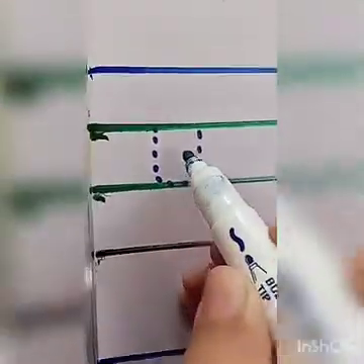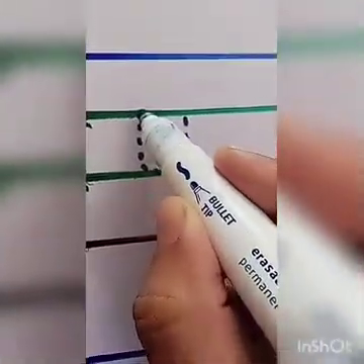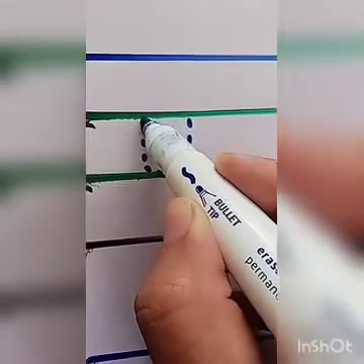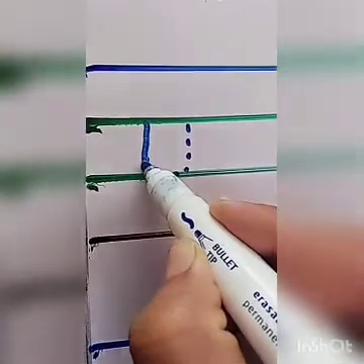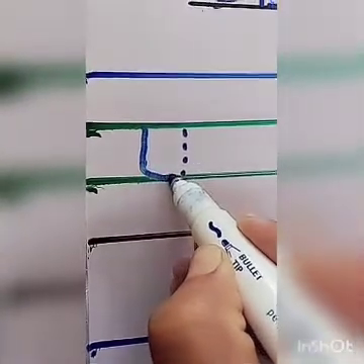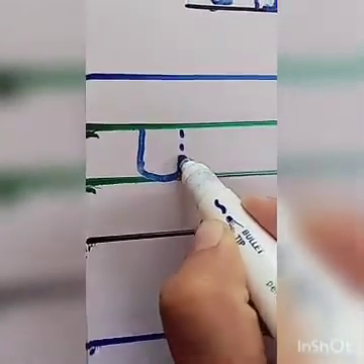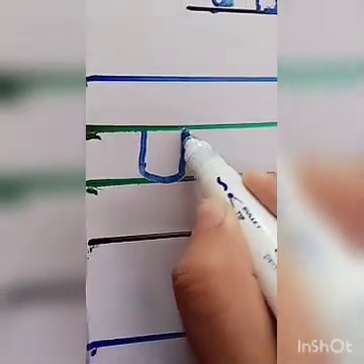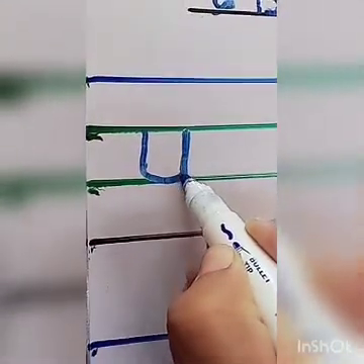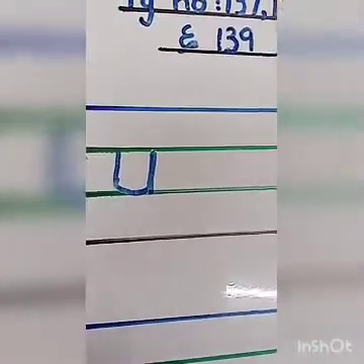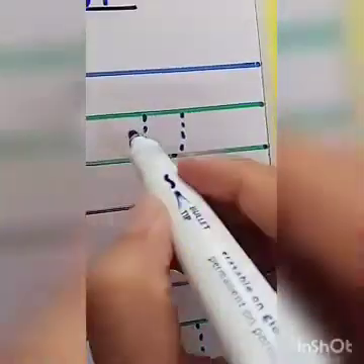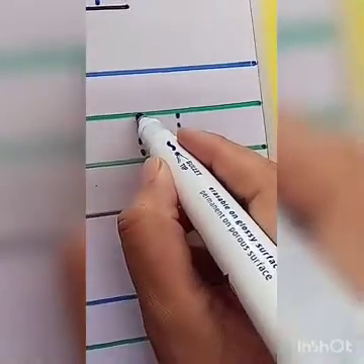And how do we trace it? Start from here, come down, stop, touch the line and turn, go up, come down, touch the line. This is A. Now make it once again.